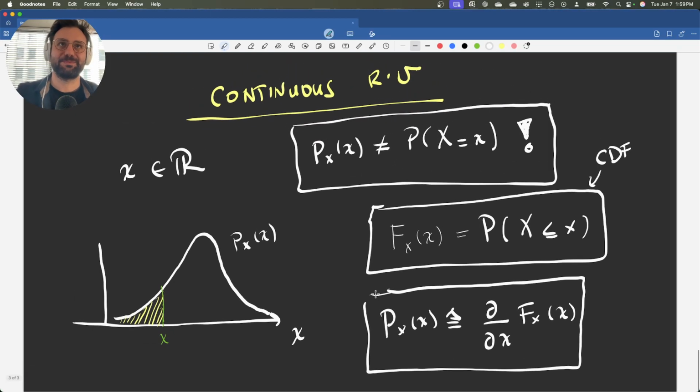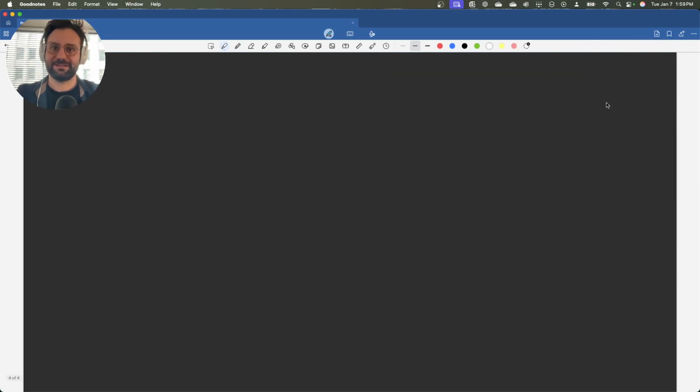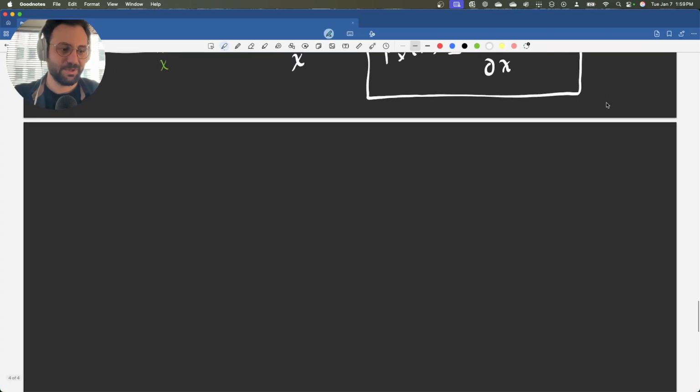And just to conclude, the same axioms also exist for continuous random variables. So we can talk about probability of x, and it's always greater than 0. 1, we know that it has to be always greater than 0.